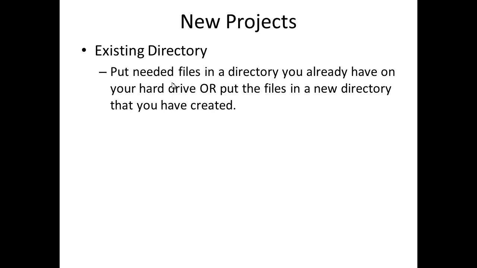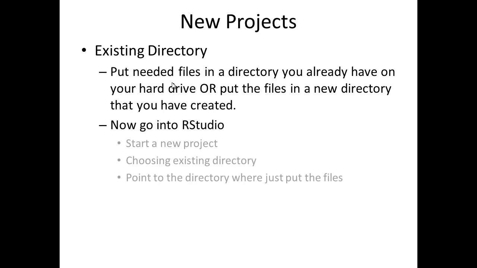So in this path, we put the needed files in a directory that you already have on your hard drive, or put them in a new directory that you've created, not inside of RStudio, just in your operating system. You download the files, put them in a folder. Then you go into RStudio, start a new project, choose existing directory, and point it to the directory where you just put the files. Okay, now you're ready to rock and roll.